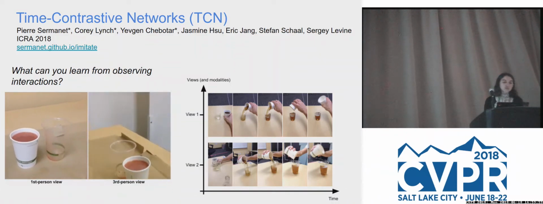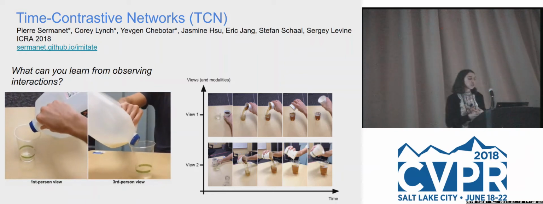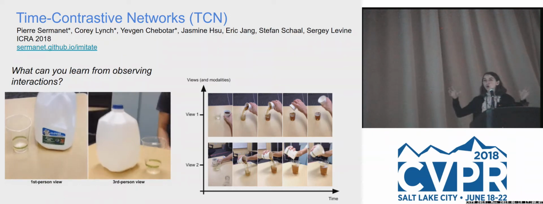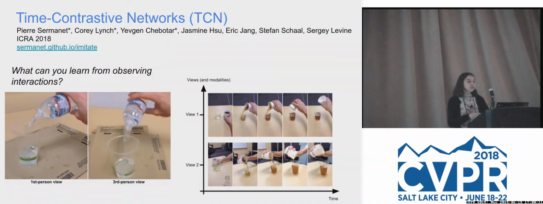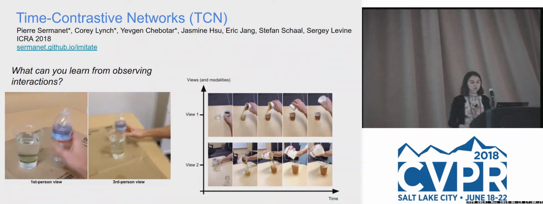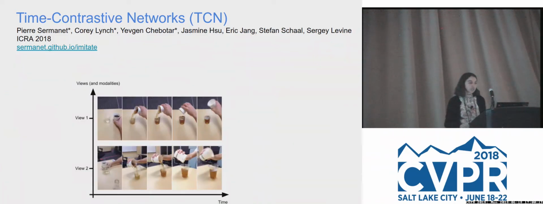So what the team does, Pierre Sermanet, Corey Lynch, Yevgen Chebotar, et al., is collect a bunch of videos from two synchronized viewpoints. These videos are of pouring or moving cups or putting things on top of one another. And you'll have two videos like that.